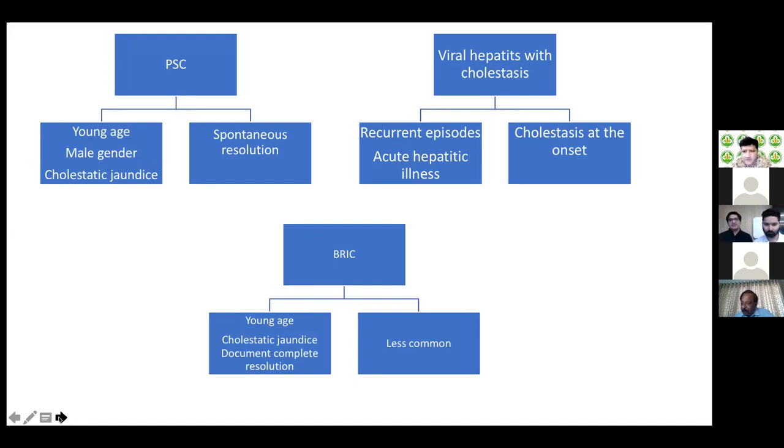Yes. The first episode is typically, and second thing is I'm a little disturbed. You said always overlap syndrome. Could you be more specific? Which overlap is overlapping the syndrome? Sir, PSC AIH overlap syndrome. Please say which one: PSC, PBC, PSC, AIH with PBC.